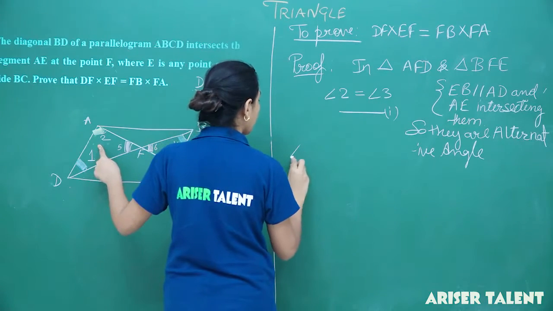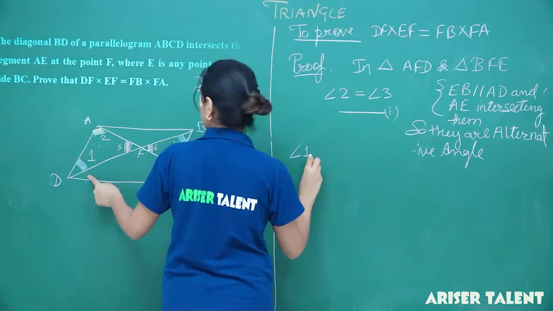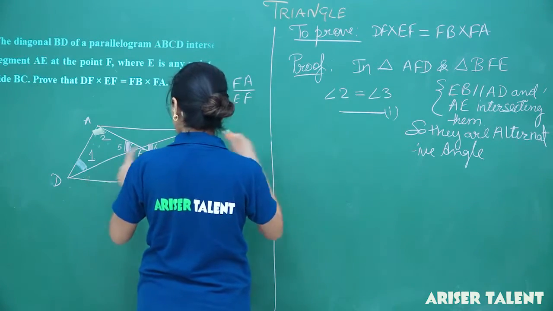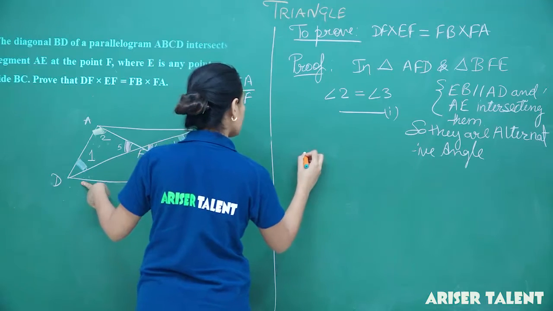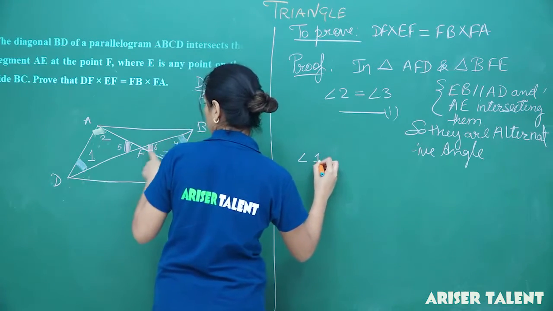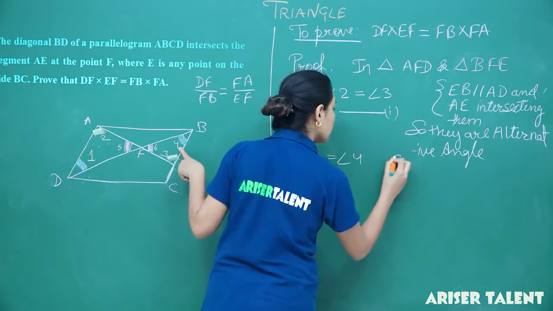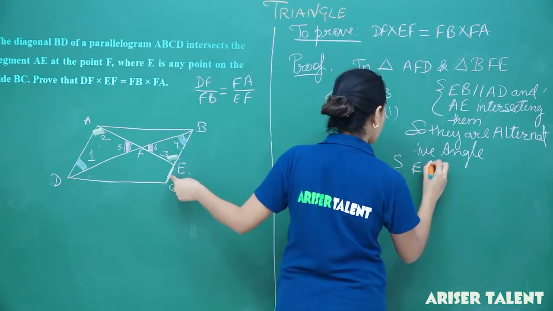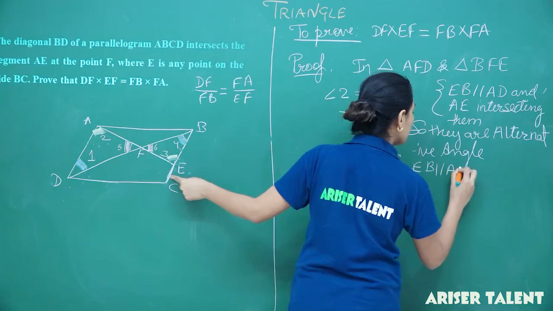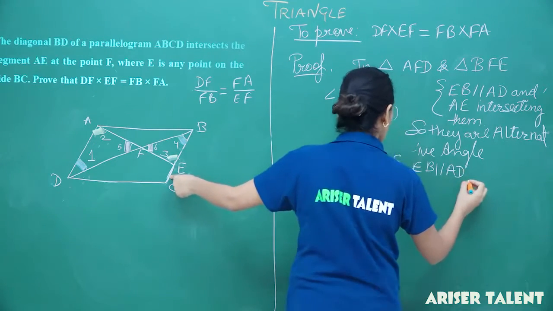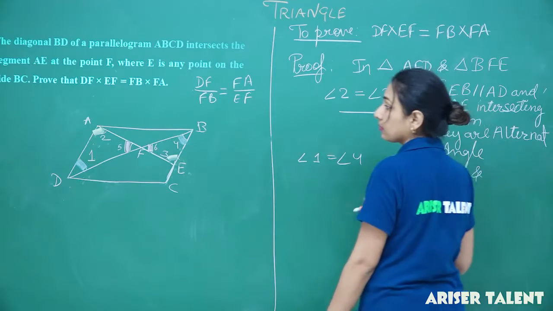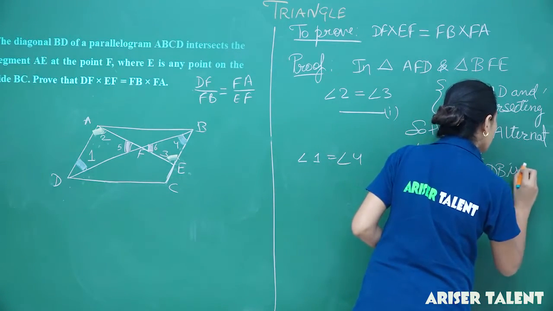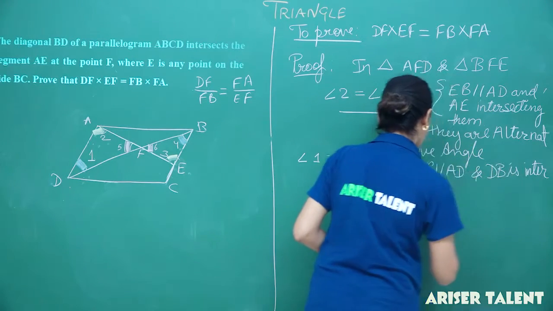Now, angle 1 equals to angle 4. Here AD and EB are parallel, and DB is intersecting.